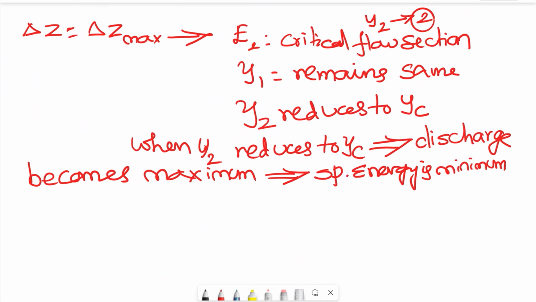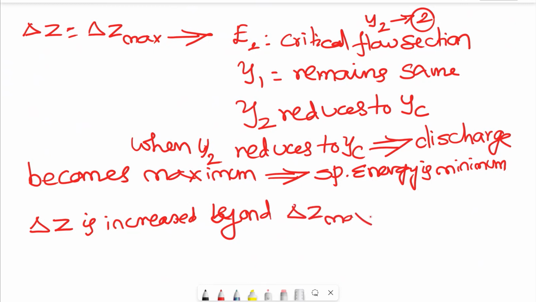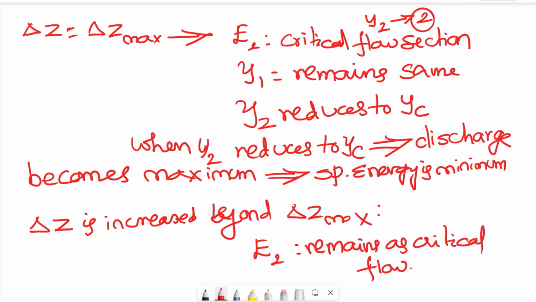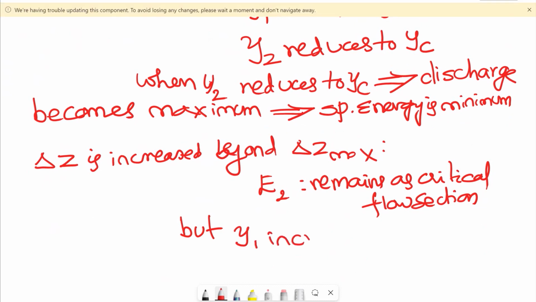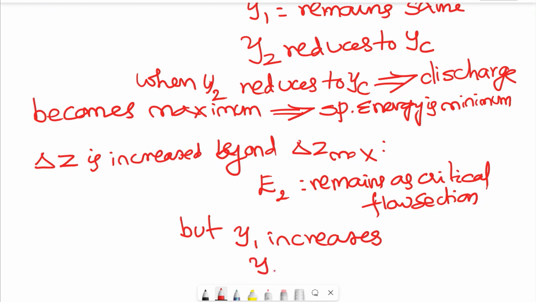Now, if delta Z is increased beyond delta Z maximum, then E2 remains as the critical flow section, but Y1 increases. Y2 is always equal to YC, right?